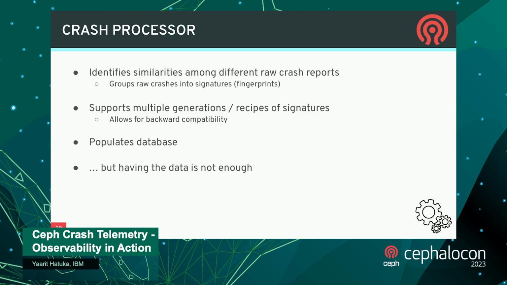So for example, if we now find additional patterns to filter out of the backtrace or search and replace, we can apply that recipe on the back end and then have the older signatures mapped to the new one as well. So this is also not enough to have a group of signatures in the database.